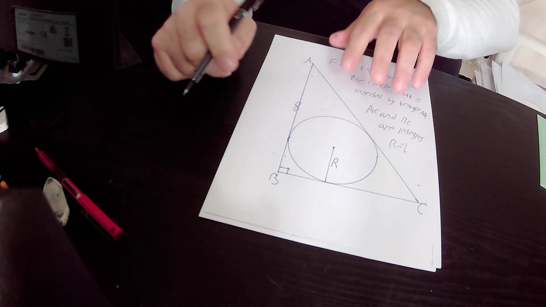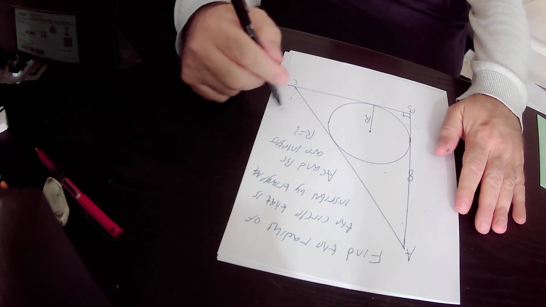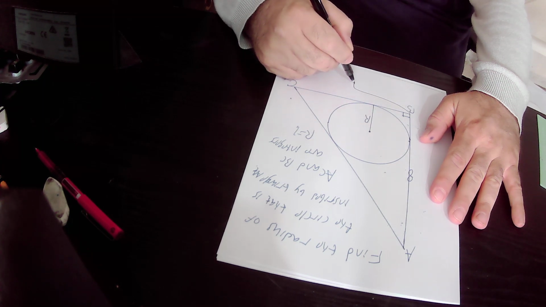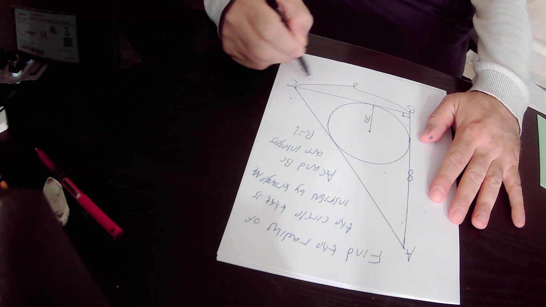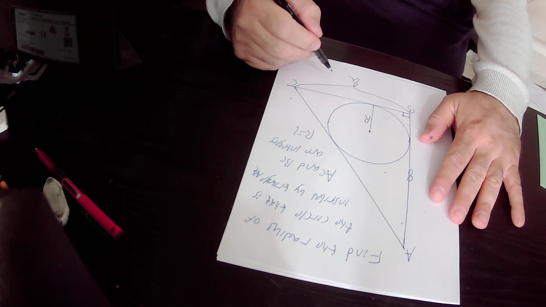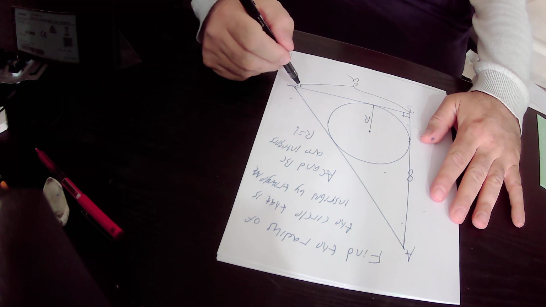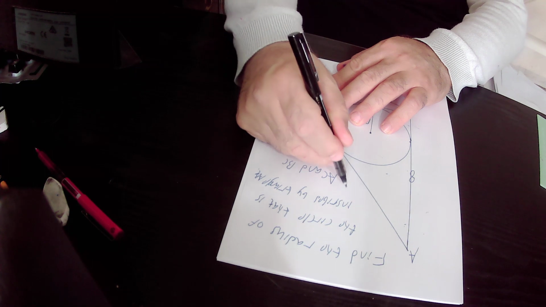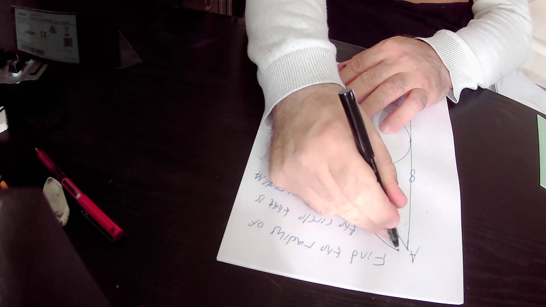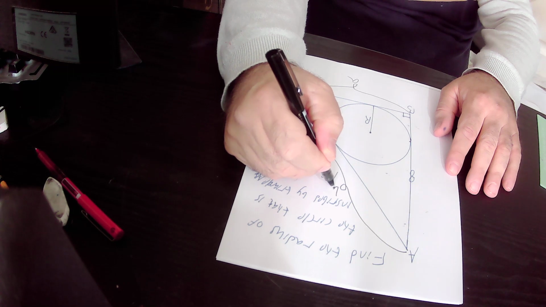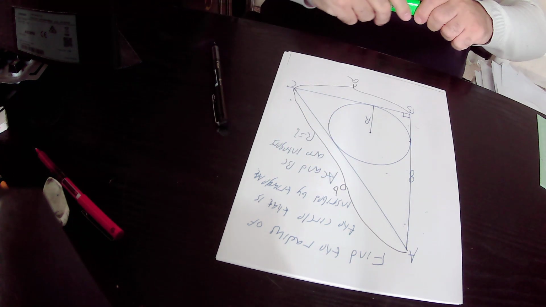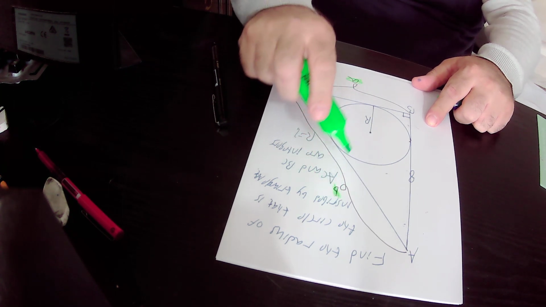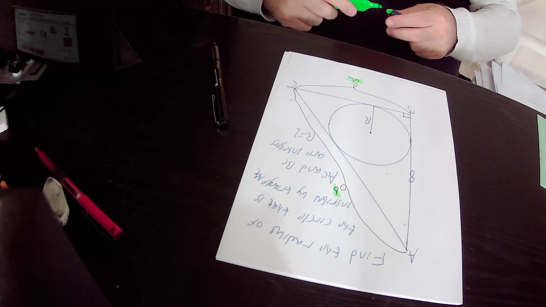So first of all, we will define side BC as A, and we will define the hypotenuse AC as B. In the next step, we will implement the Pythagoras theorem on the right triangle ABC.